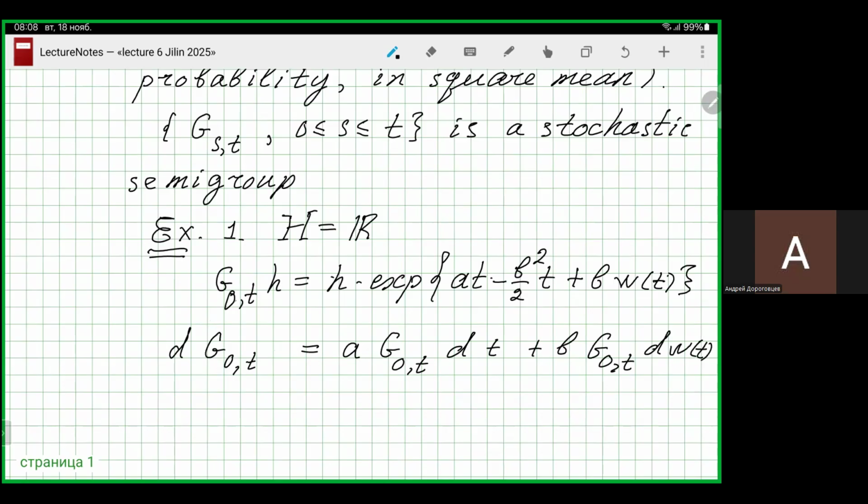Then we have a hope that maybe a more general stochastic semigroup also can be represented in such a way.